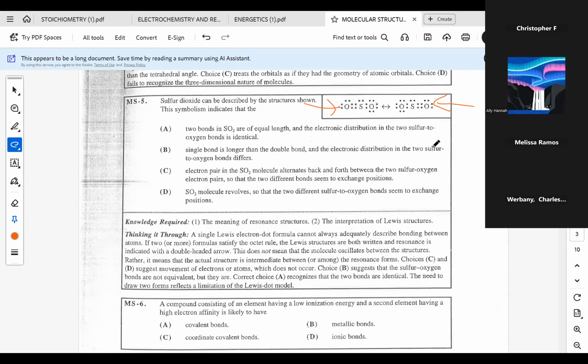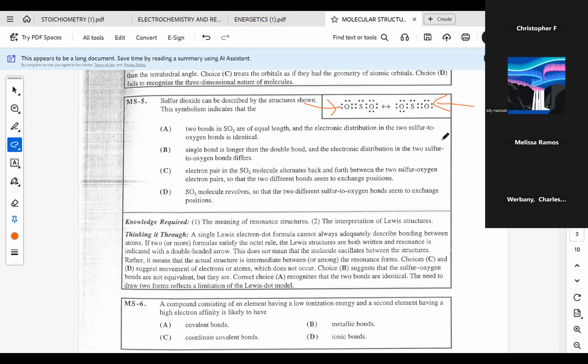These are resonance structures. Grading your most recent exams, a lot of you do know that resonance structures only move electrons, but for those of you that did not, no atoms will move. So let's see here. The two bonds in SO2 are of equal length and the electron distribution is identical.